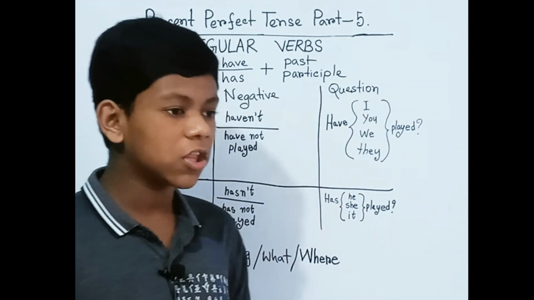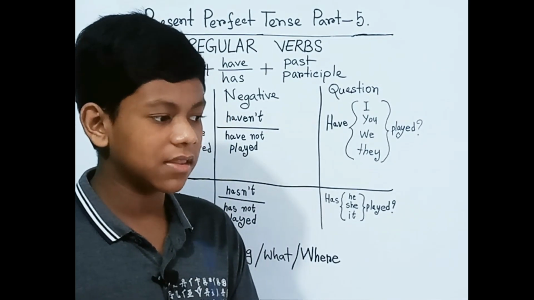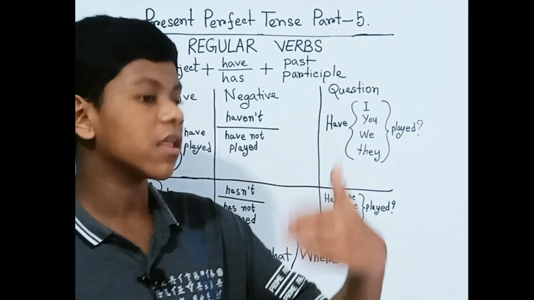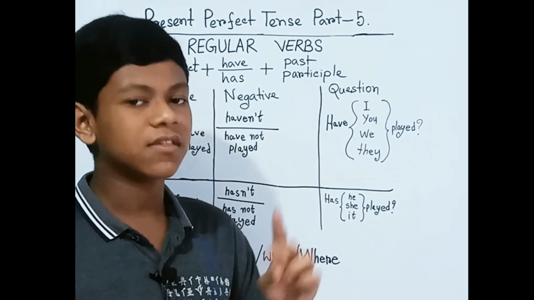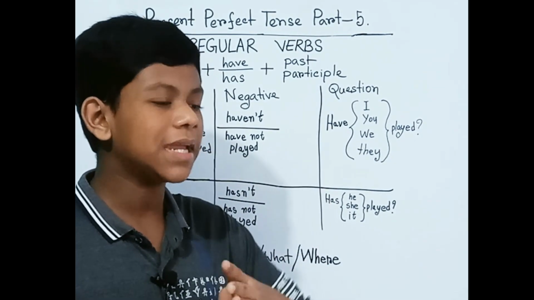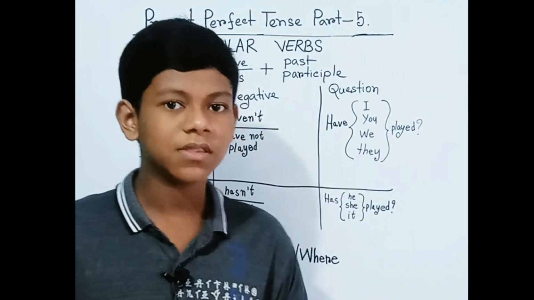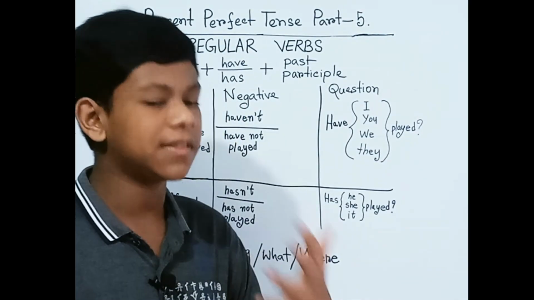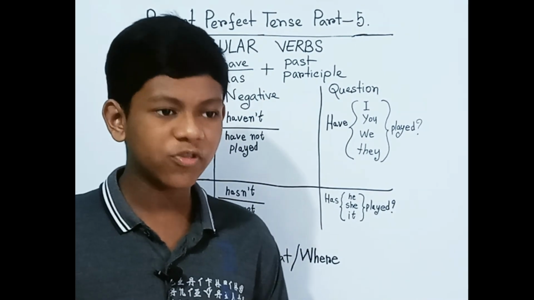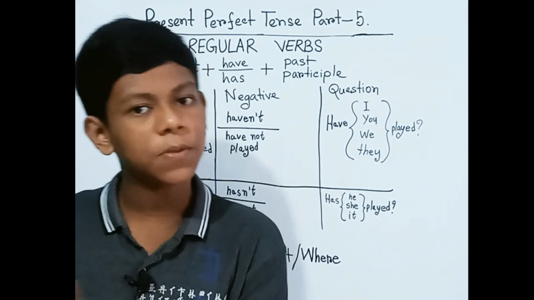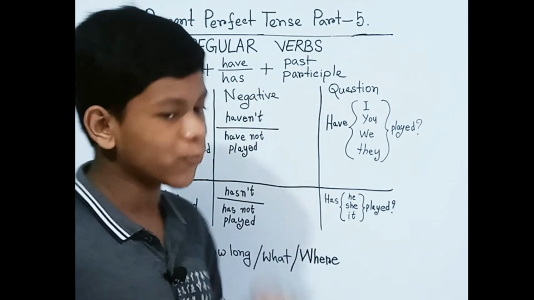What does the word past participle mean? Past participle means the form after the past form of the verb. We know there are three forms of the verb: present, past, past participle. So it's another form of the verb. Sometimes it is called V3, and sometimes people also call this verb 3.